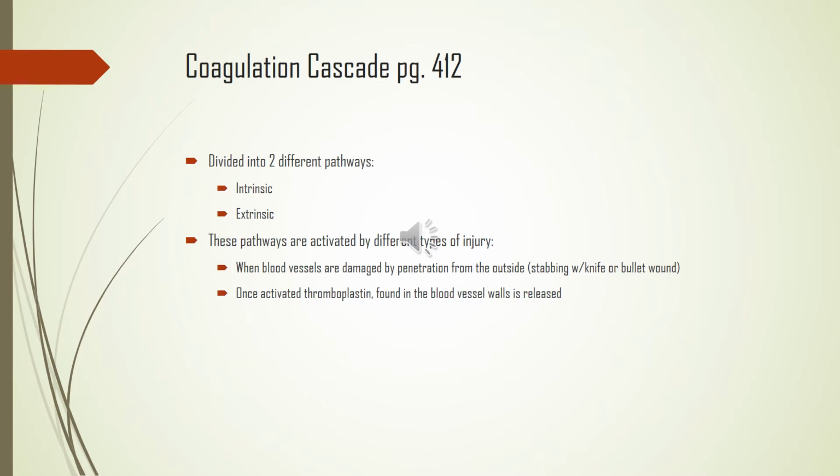When blood vessels are damaged by penetration from an outside, external trauma, thromboplastin, a substance contained in the walls of the blood vessels, is released. This initiates the extrinsic pathway by activating factors 7 and 10. So when we're talking about the extrinsic, just keep in mind external.